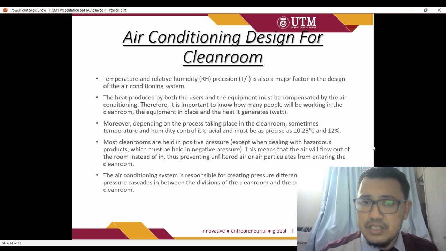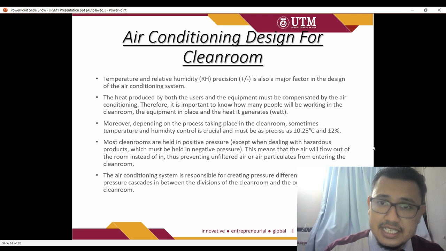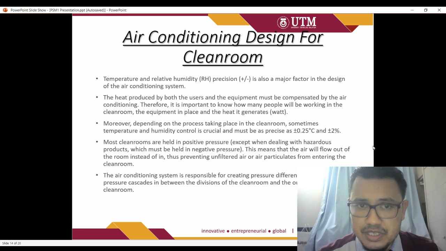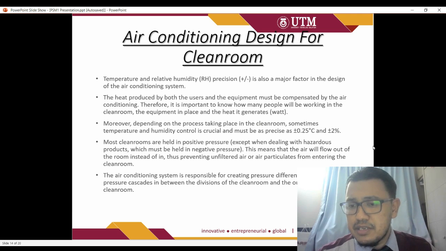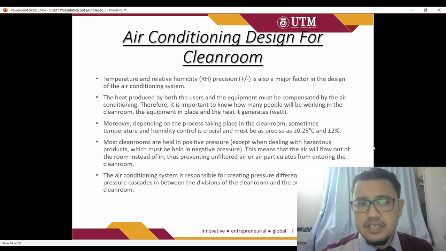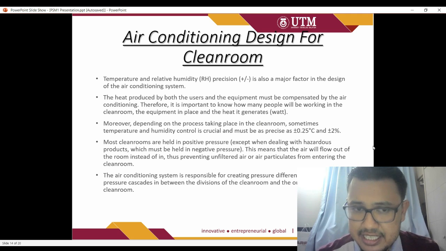Therefore, it is important to know how many people are inside, the engineers and operators working inside the clean room, and also the equipment in place and the heat it generates. Moreover, depending on the process taking place in the clean room, sometimes the temperature and heat are very crucial, and must be as precise as possible.